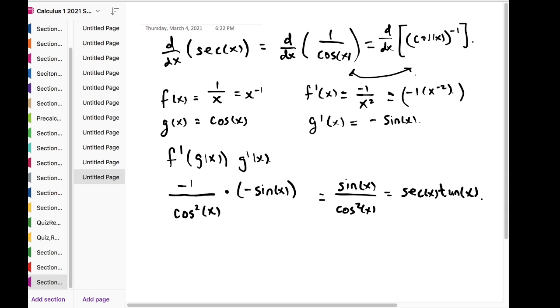Okay, let's do more. Let's do the derivative of secant of tangent. Let's be a little bit more spicy and say tangent x squared. Okay, what's f and g?